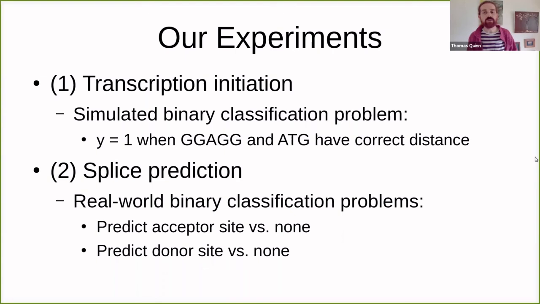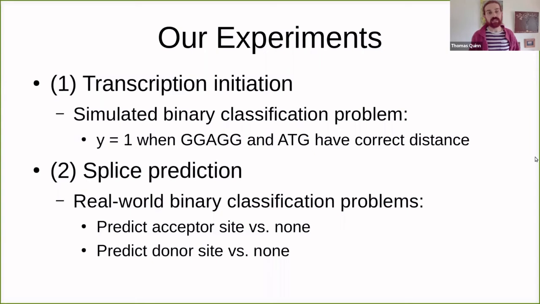So for the experiments we use to test this model, there are 2 that we focus on that mirror back to the case studies we presented before. The first is transcription initiation, and for this, we'll use simulated data, simulating a binary classification problem. Either the DNA leads to a valid gene or valid protein, or it does not.